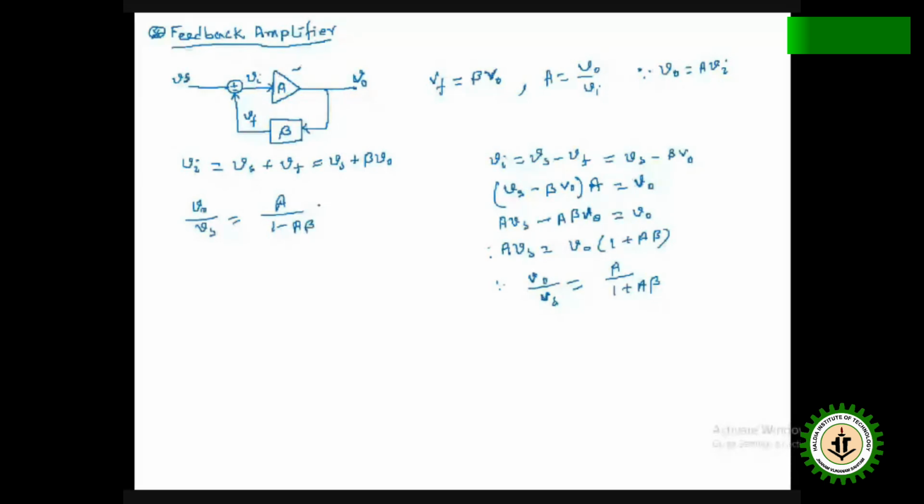So you see here the gain we know is A, and with the feedback, V0 means output and Vs is input. That means this is called AF, the gain of the feedback amplifier whole circuit. AF is equal to V0 by Vs is equal to A by 1 minus A into beta, and in this case 1 plus A into beta.